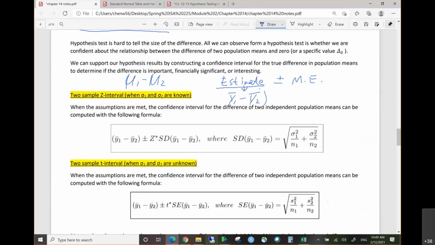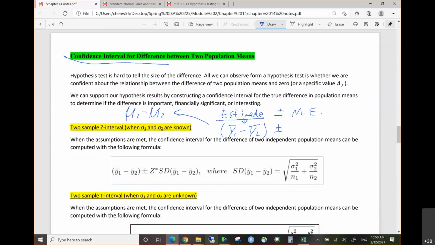This will be the first part, the difference of the two sample means to estimate the difference between the two population means, plus minus the margin of error. Still remember what is the margin of error for the population mean? Either the z star times the standard deviation of x bar or the t star times the standard error of x bar. That will be the margin of error.